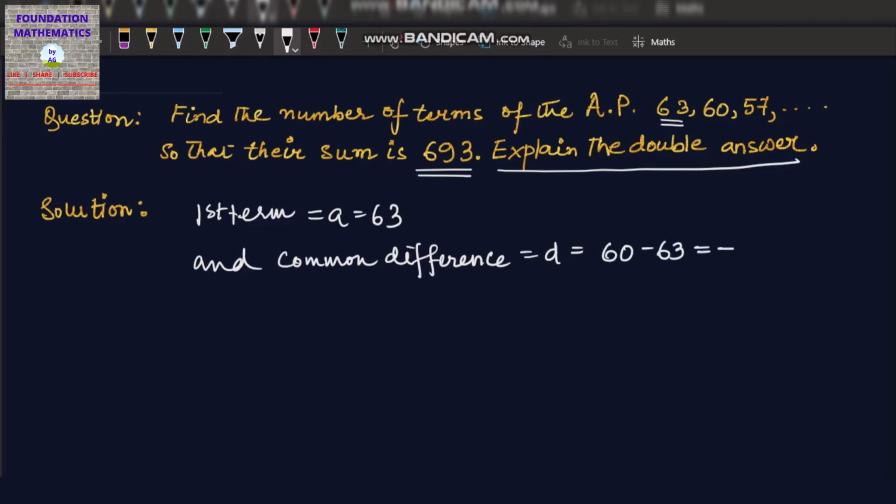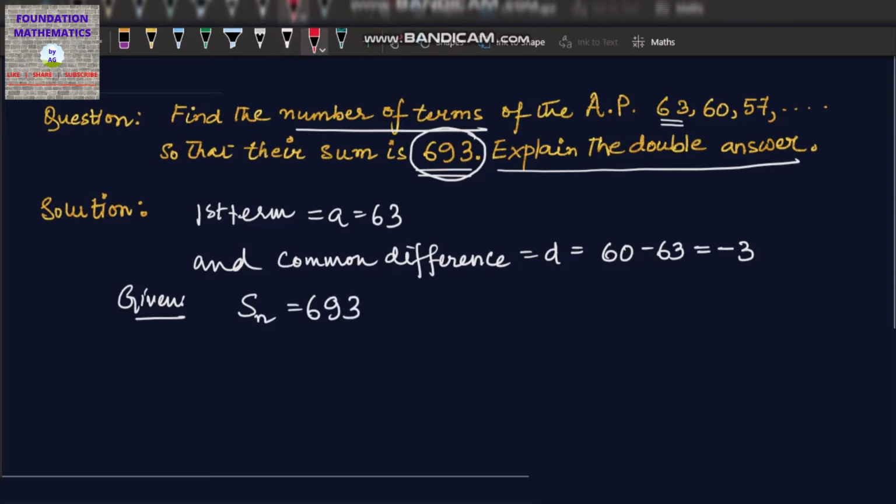It's the same thing. So it is minus 3. So you see that it is a decreasing sequence, and we have to find out the number of terms such that we are getting this sum. Sn should be equal to 693.